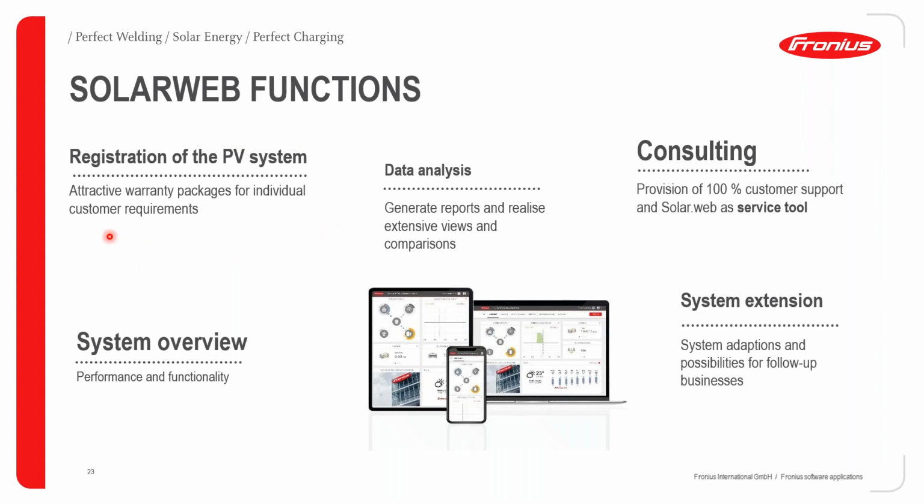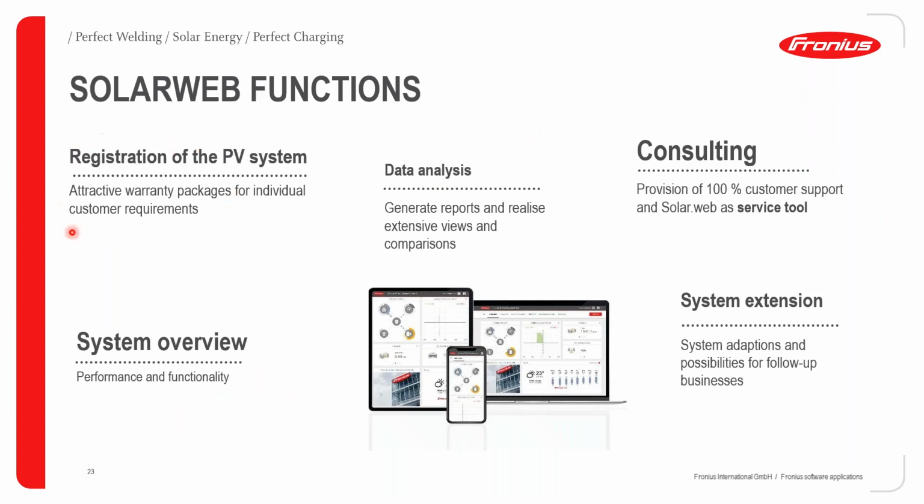As you know, most of our inverters when shipped come only with 2 years warranty. But once you register your PV system in Solarweb, you're able to have an extension of 3 years minimum for free, and therefore you get 5 years warranty. In addition, you can purchase other warranty models depending on the requirements for your particular installation, for a maximum of 20 years extension.